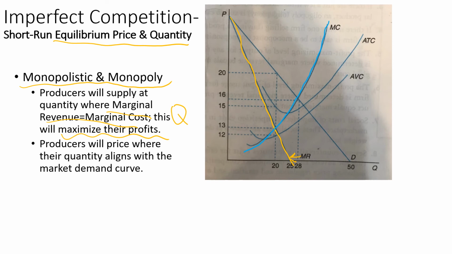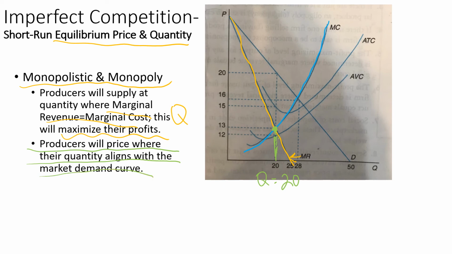Marginal revenue and marginal cost intersect right there. That is at Q equals 20. So the quantity that would be produced at this point is 20 units. Now, producers will price their product where the quantity aligns with the market demand curve.